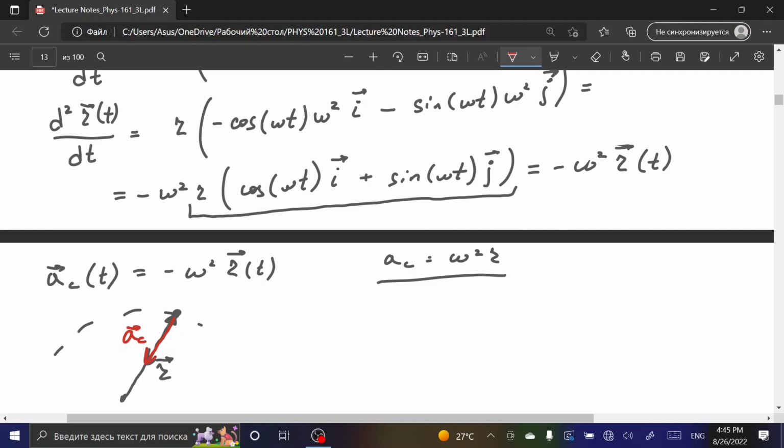So with this, we wrap up our discussion of motion in two-dimensional space and actually of kinematics. We will proceed further with the introduction of dynamics next time.